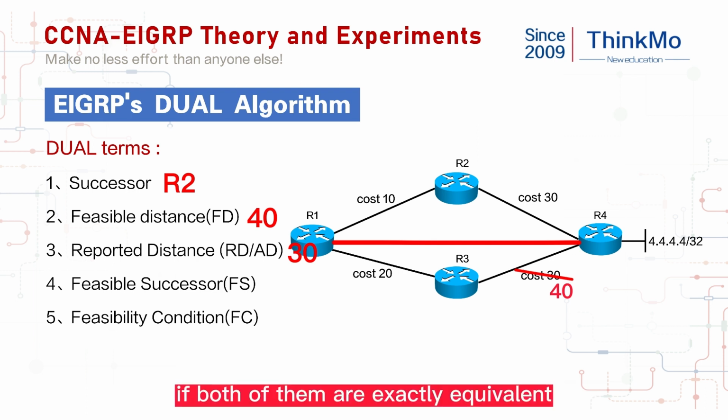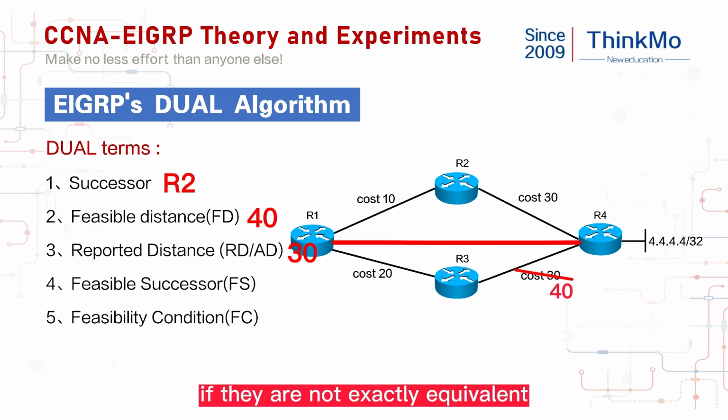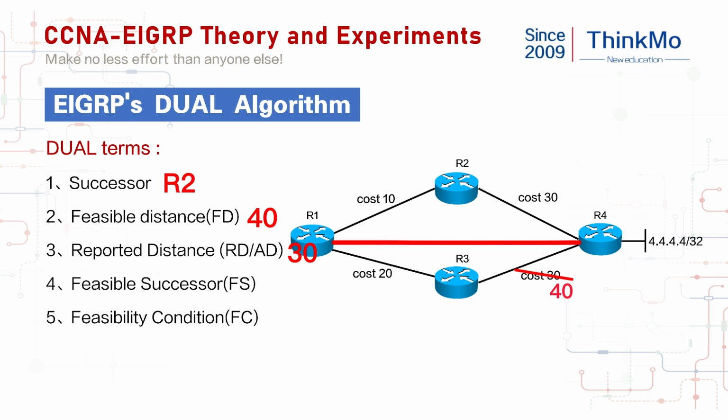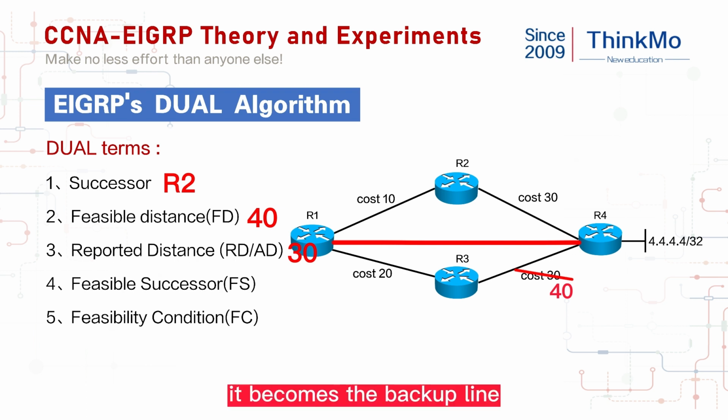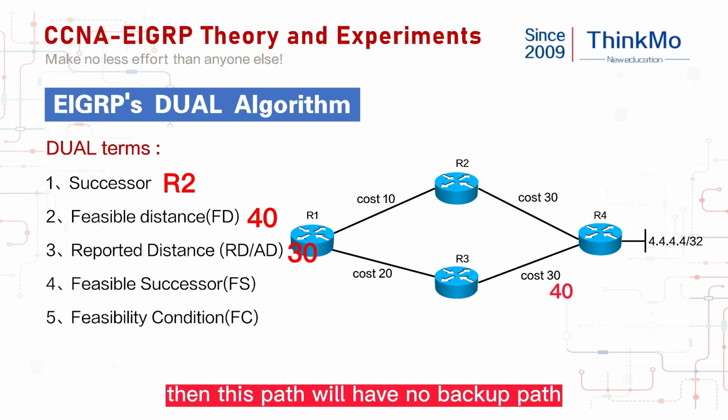If both are exactly equivalent, then they load balance. If they are not exactly equivalent, because we'll look at 2 parameters later, they are hardly completely equivalent, so as long as feasible, it becomes the backup line, the feasible successor. So if the cost here is 40, then this path will have no backup path.